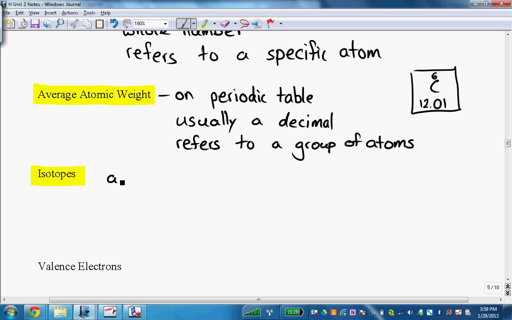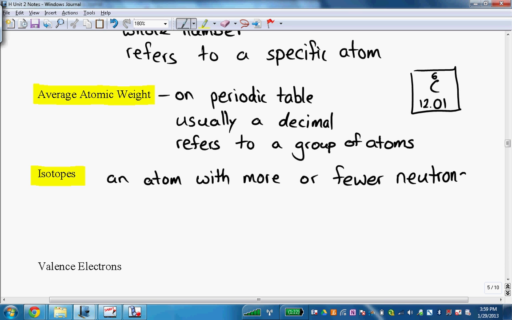So an isotope is an atom with more or fewer neutrons than is normal for that element.